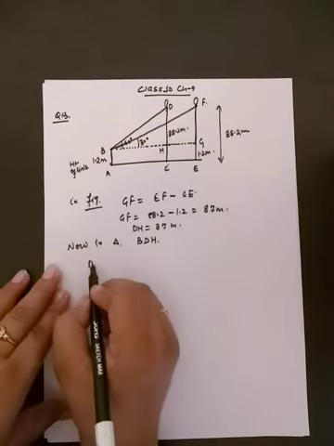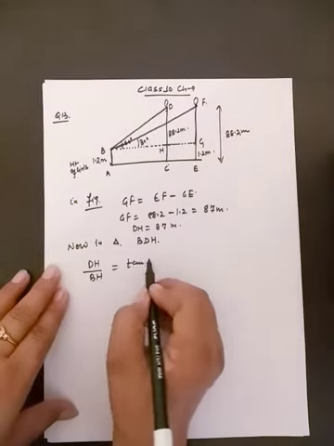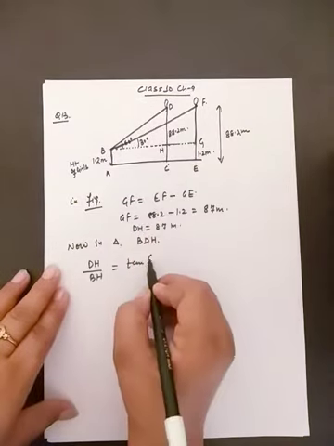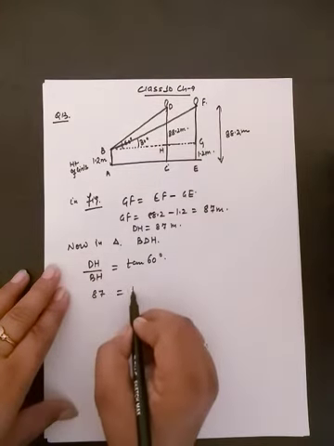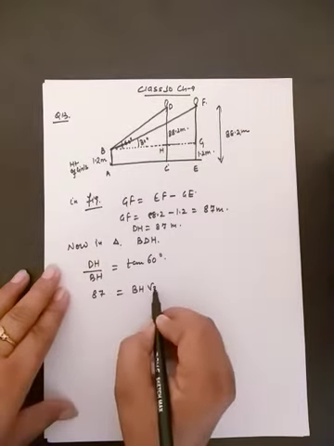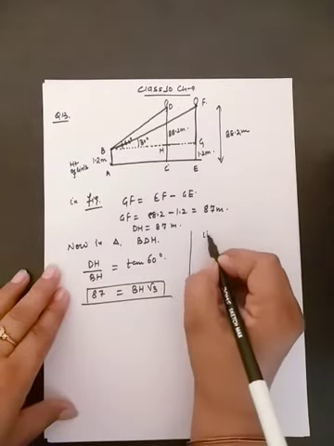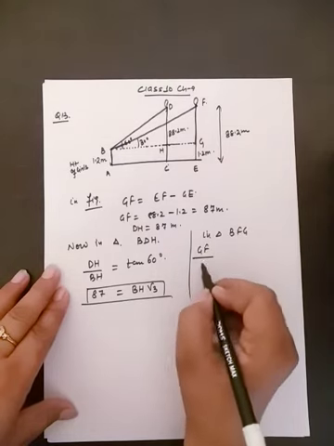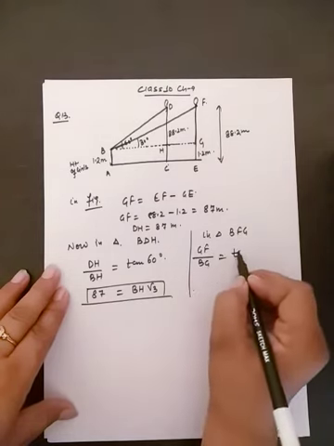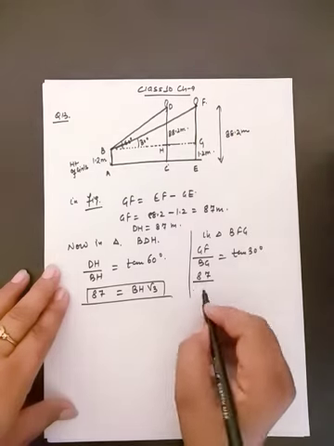In this triangle DH by BH is equal to tangent, angle is of 60 degree. So DH is 87 is equal to BH root 3. Similarly in triangle BFG, GF by BG is equal to tangent 30 degree and this is 87 by BG.